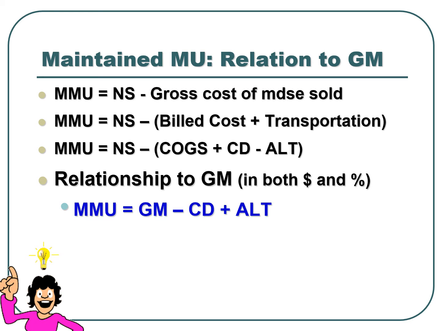Okay, but both are achieved figures, and we should be able to derive our gross margin based on the maintained markup. And gross margin is the ultimate goal that we want to maximize, and eventually will maximize the profit, right?